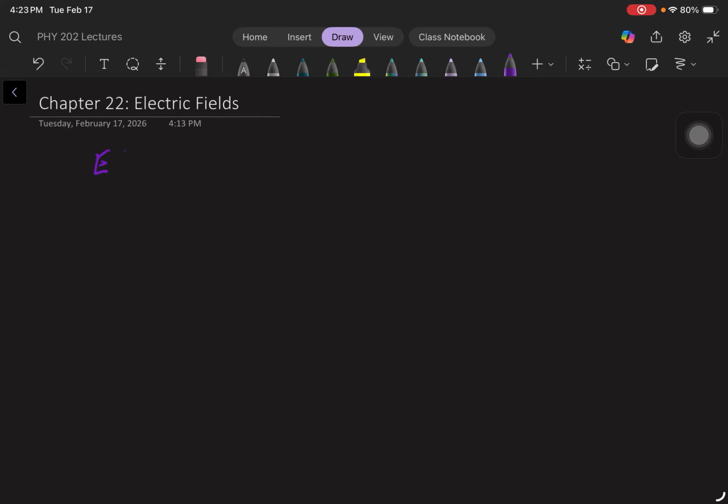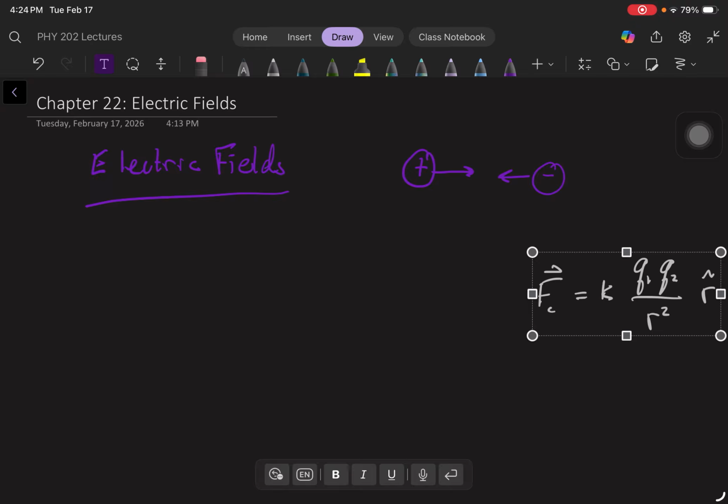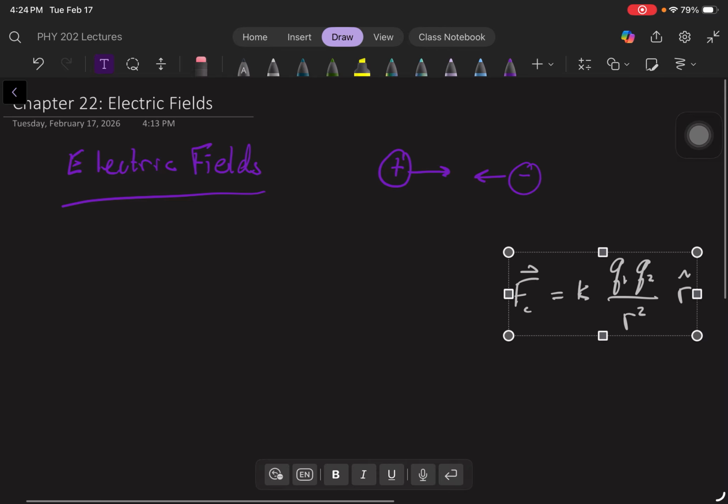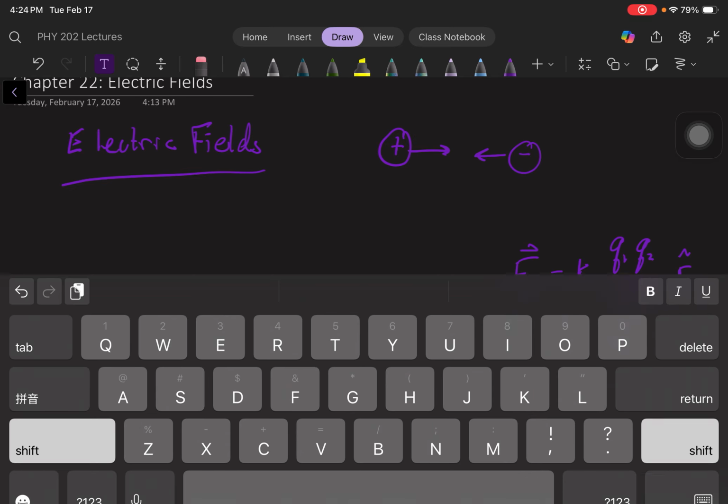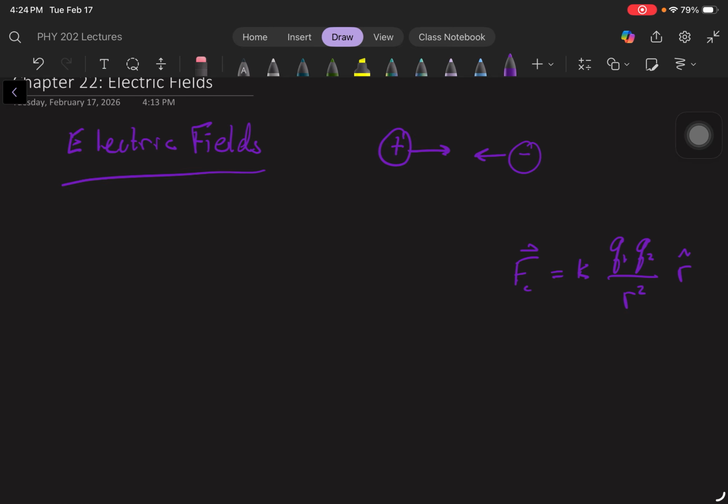So in the last video, we talked about charge, and today we'll be talking about electric fields. In the last video, we talked about how if you have a positive and a negative charge, they'll experience some force due to Coulomb interaction.